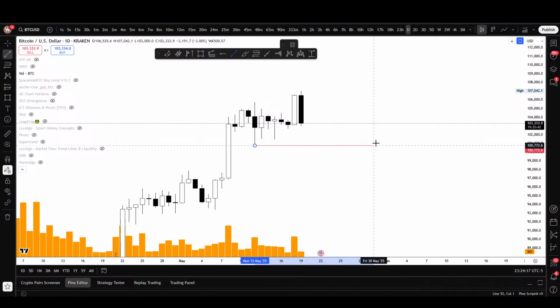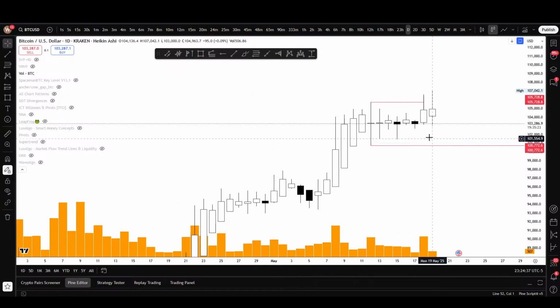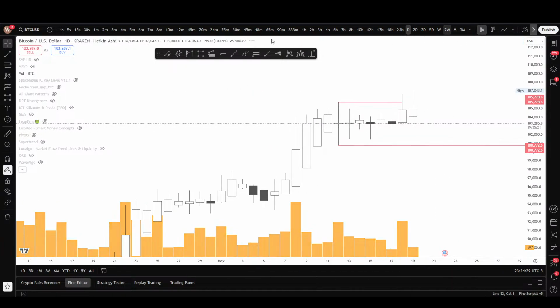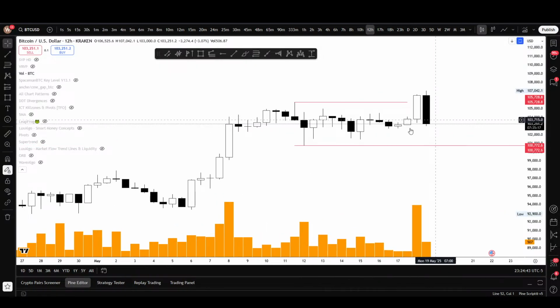So we set a daily low, and then we broke structure to the upside. No, we didn't. It's not 2 candles. Actually, yeah, this low is not significant. There's no high yet. Let's see. Yeah, never mind. We probably have 12-hour structure though. Yeah, we do. Okay, so we set a 12-hour low here.